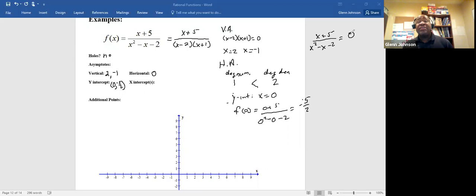Now, one of the nice things about rational functions is that a fraction is equal to 0 only when the numerator is equal to 0. So all we really need to do here is just set the numerator equal to 0. x plus 5 equals 0. So x is going to be equal to negative 5. So our x-intercept will be the point negative 5 and 0.